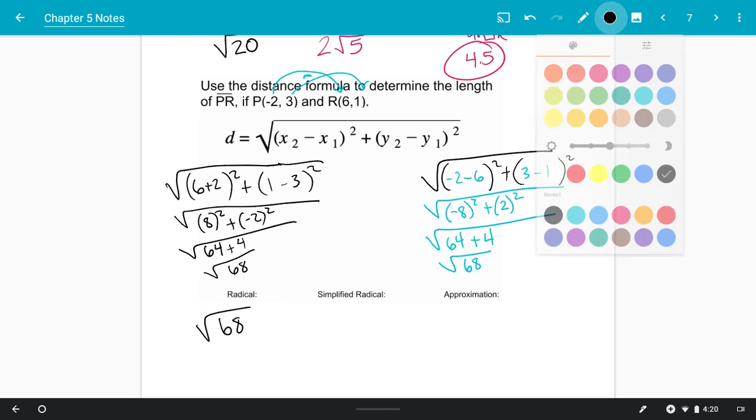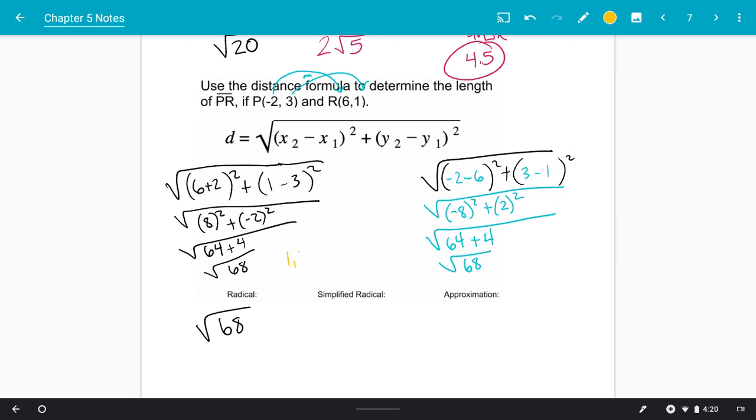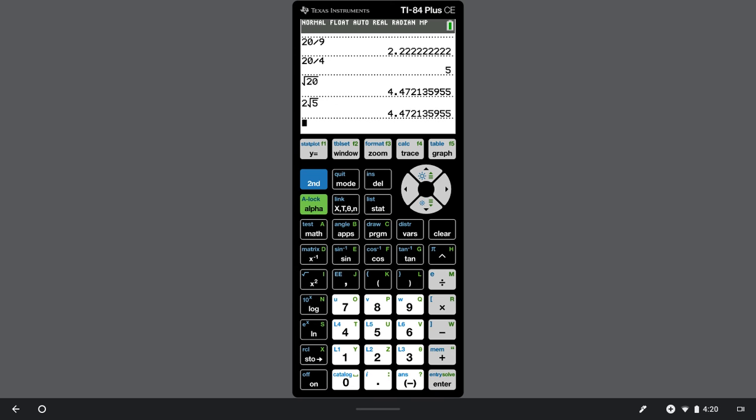And our simplified radical is 1, 4, 9, 16, 25. We'll start with 64. So we'll do 68 divided by 64. Nope. 68 divided by 49.